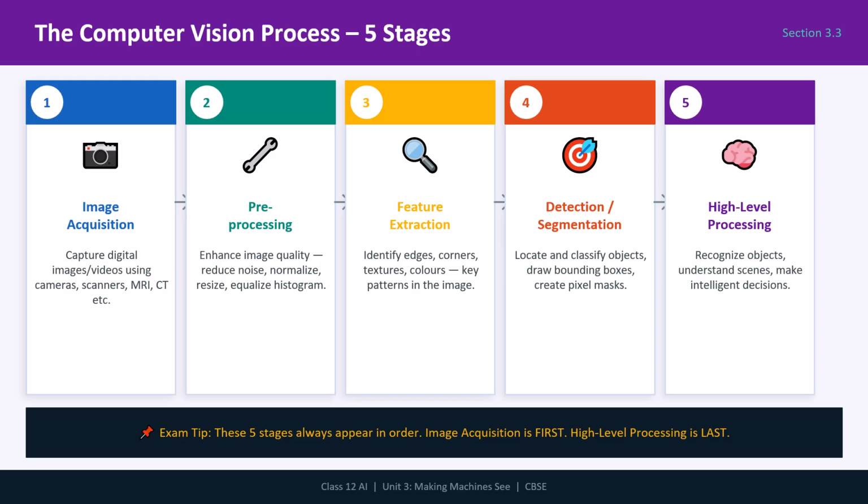Raw material comes in at stage 1, gets refined at each step, and a finished intelligent output comes out at stage 5. Now, important exam tip. These stages always come in this exact order. Image acquisition is always first. High level processing is always last.